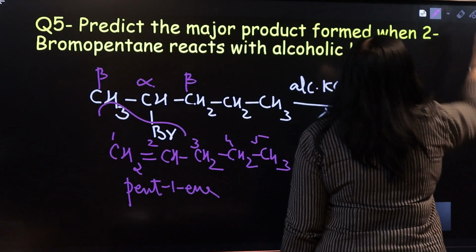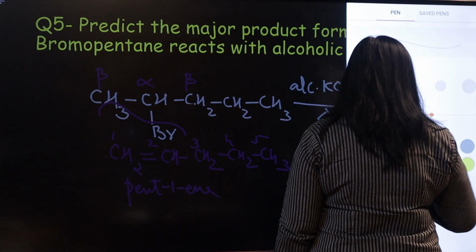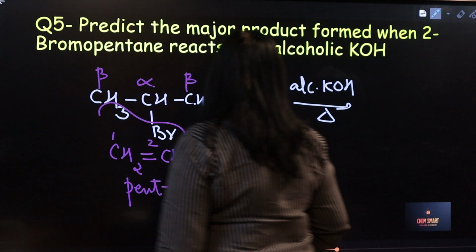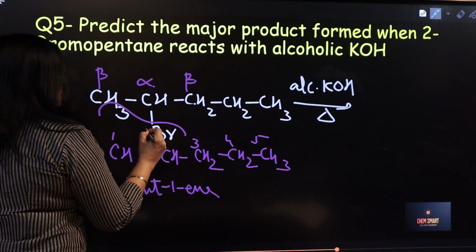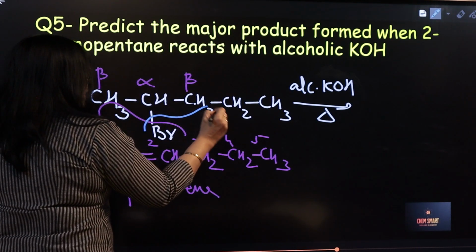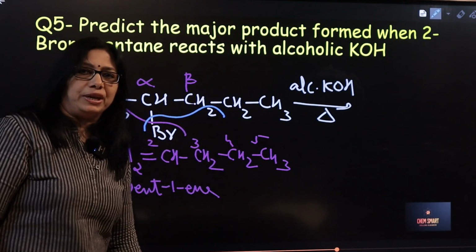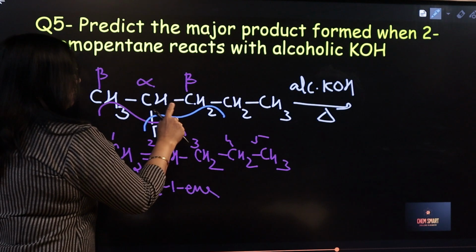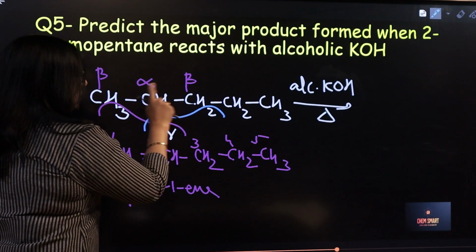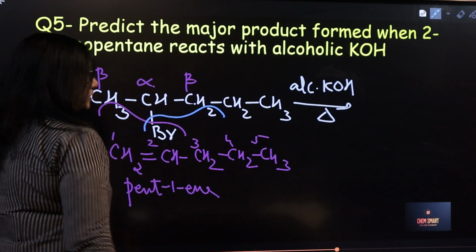Now suppose we are doing the other chance of elimination. What is that? This halogen is going with this hydrogen. That means this beta hydrogen is involved in elimination. Now a double bond will be created between this alpha and beta. Alpha, beta unsaturation here.